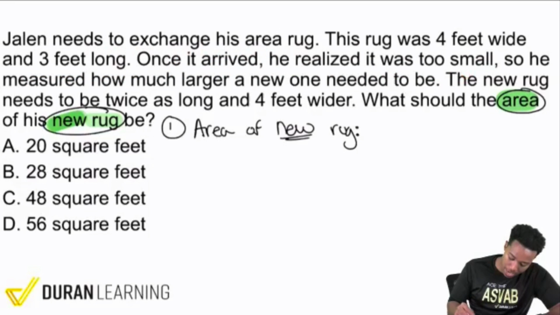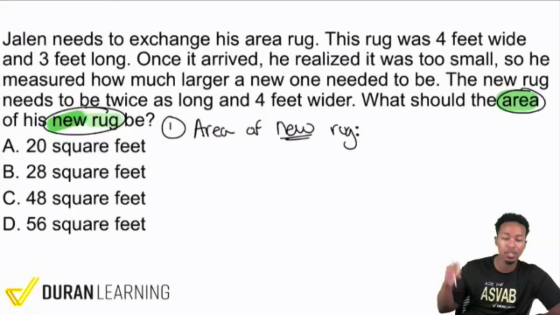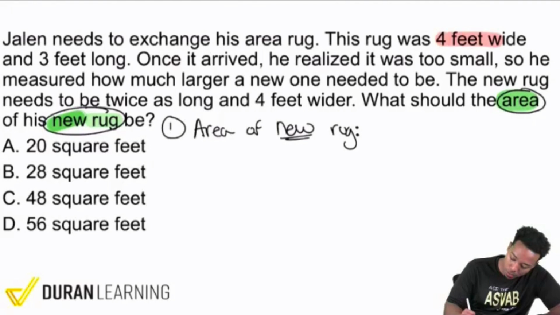And so, because this problem doesn't directly say rectangle or triangle, but it does give you 4 feet by 3 feet, that right there implies that it's a rectangle. That implies that it's a 4-sided shape. If they tell you this by this, that is a rectangular shape. You are safe to assume that it is a rectangle. So this rug, 4 feet wide, 3 feet long.